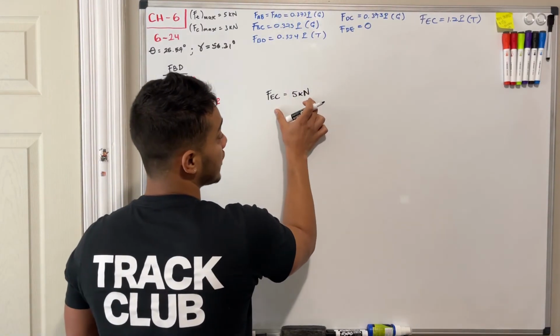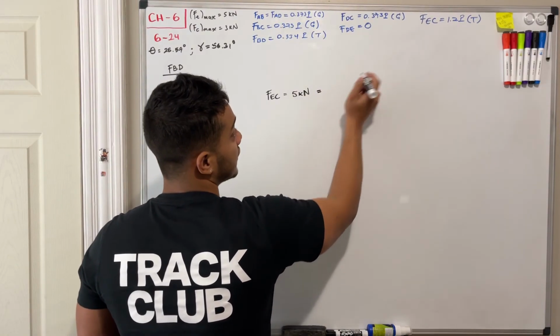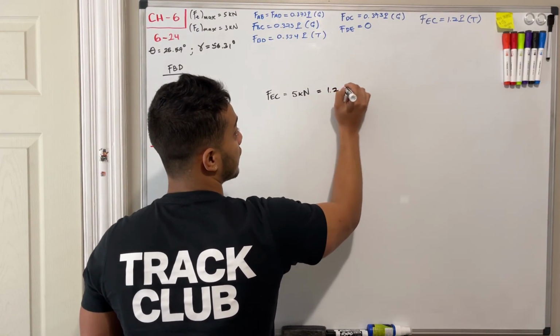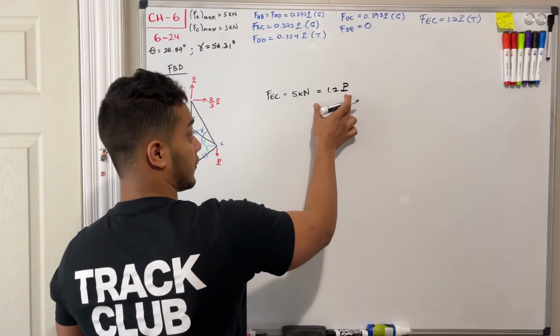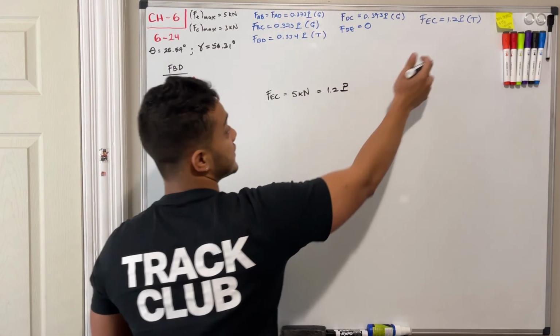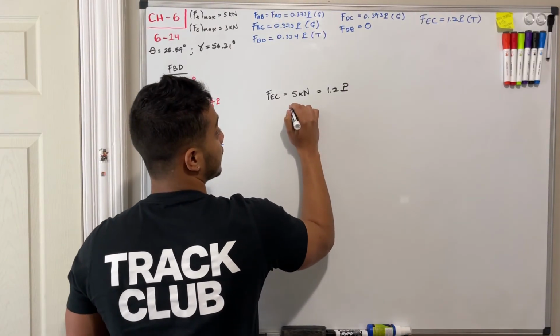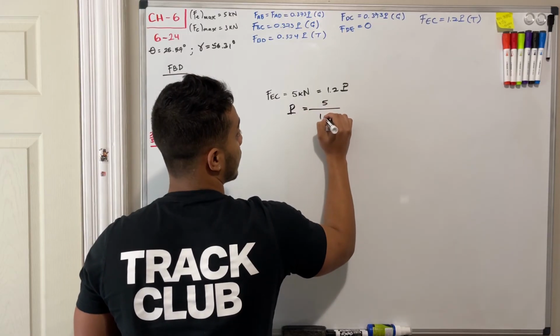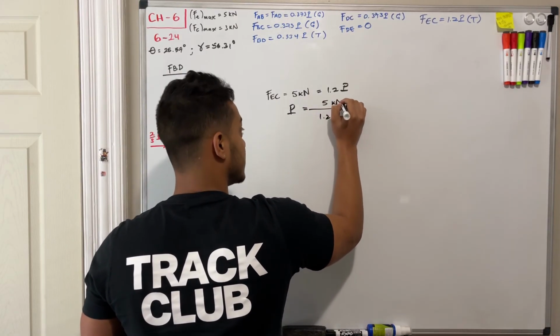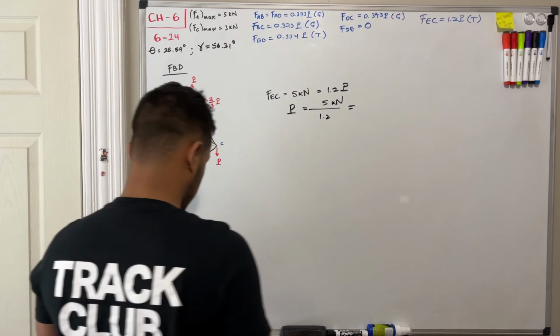And if this is equal to 5 kilonewtons, then we can solve for my force P, my load P, since we know that FEC is equal to 1.2 P. Therefore, if we solve for P, we're going to get 5 divided by 1.2. Don't forget the unit, kilonewtons. And what do we get?